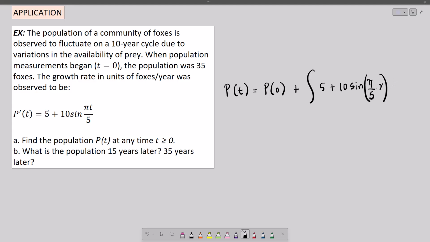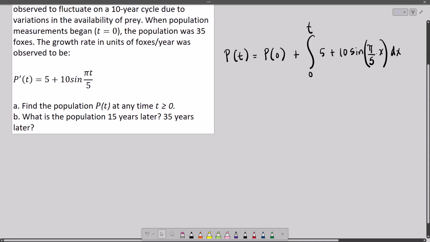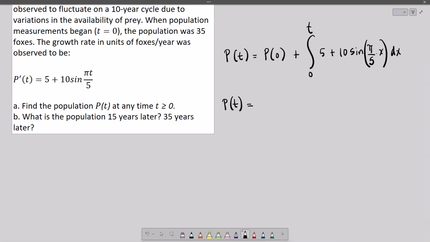So make that an x, make that an x, and we're going to go 0 to t. There we go. So that is our future population of foxes if wolves are imaginary. So then P of t, P of 0, we're told that we're starting with 35.